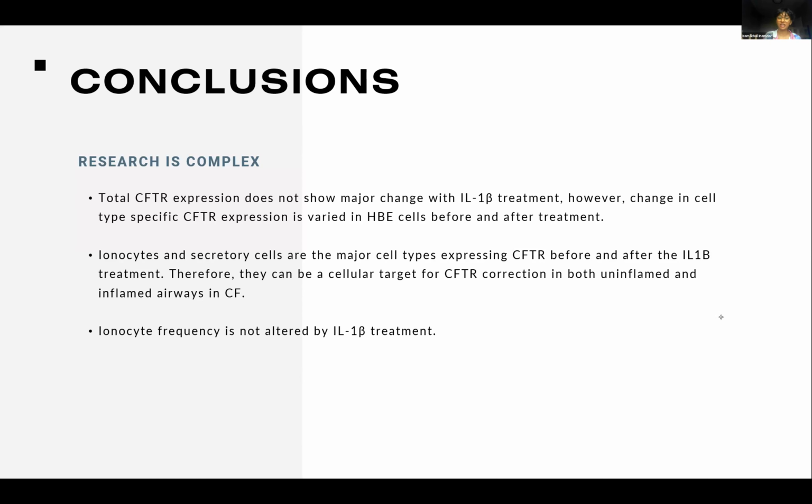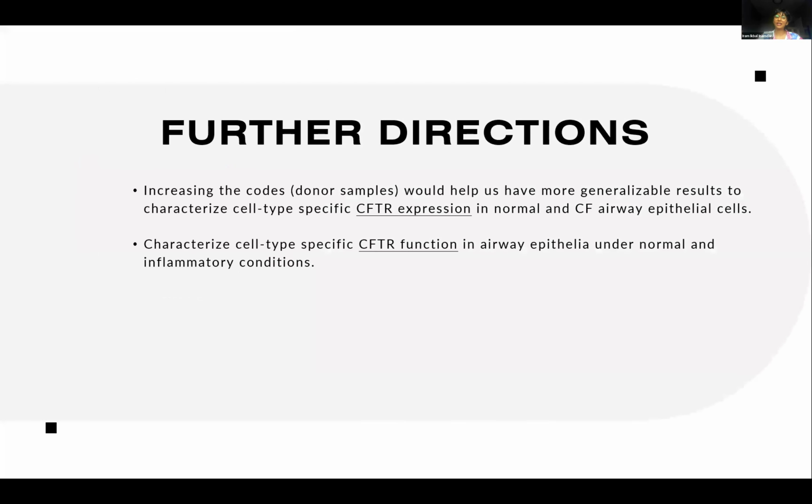Ionocyte frequency did not increase with IL-1 beta treatment. This also led us to the future direction. When I was talking about HuBMAP, certain clusters don't align with the cluster codes, or certain types of cells are not coming from the same donor. Some specific cell types come from only one donor, or there's variance among donor samples.